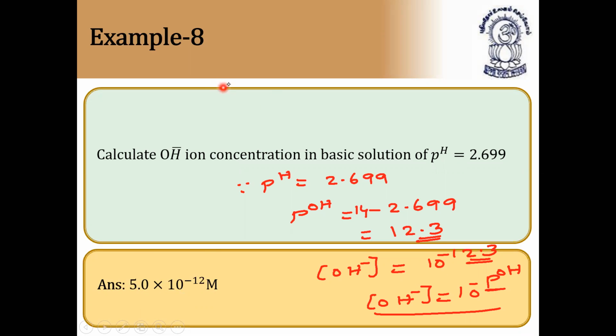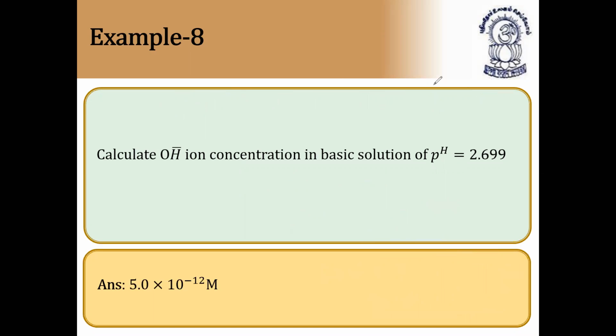For example, I'll give you, if pOH is equal to 9, then the concentration of OH minus is equal to 10 to the power of minus 9 moles per liter. That is molarity. So these types of questions are important. Please note it down.